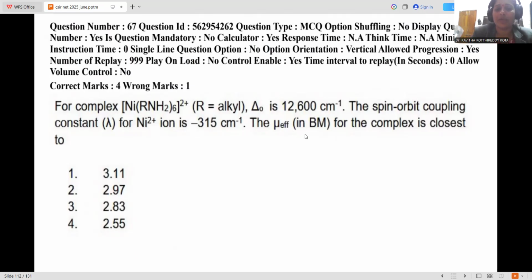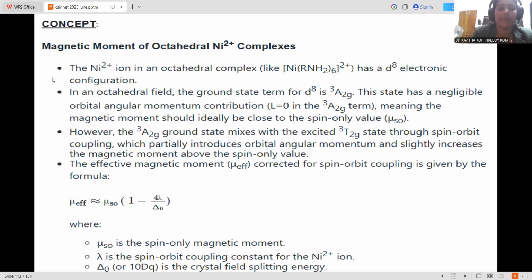The mu effective value in Bohr magnetons is to be calculated for this octahedral nickel complex, whose delta naught value and spin orbit coupling constant are provided. Then how it is calculated, let's see.